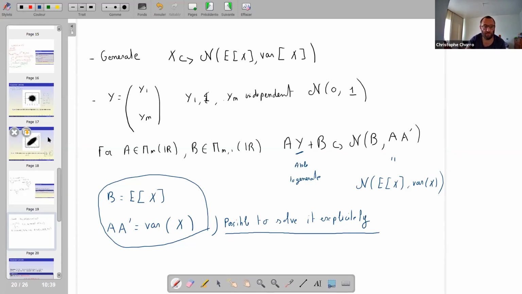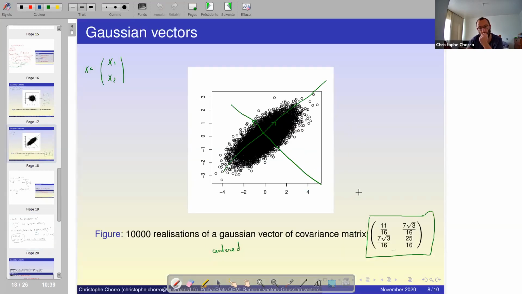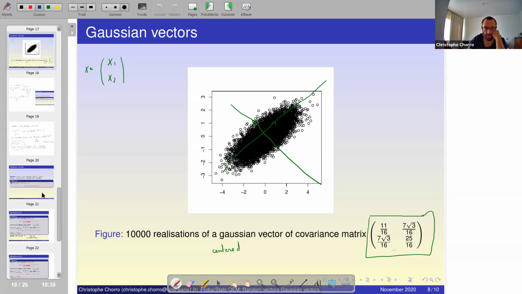And it's exactly what I have done here. To generate this one, I started from 2 independent N(0,1), and found a matrix A such that A times A transpose is equal to this matrix here, and I used the linear transform to generate from 2 independent N(0,1) some realizations of this Gaussian vector and obtain this plot here.